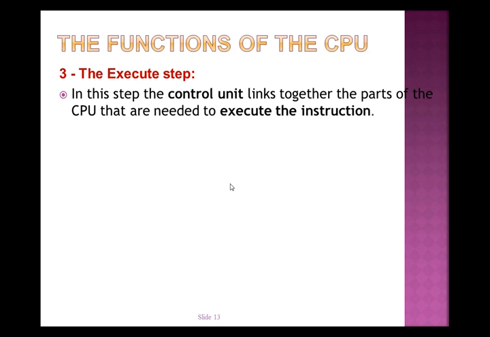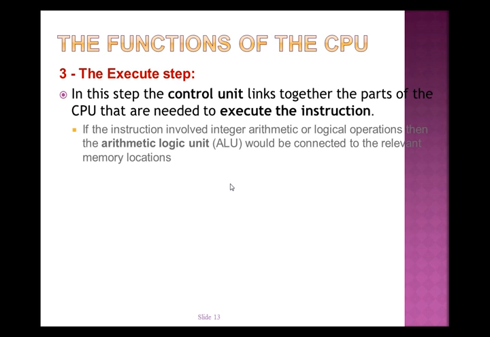In this step, the control unit links together the parts of the CPU that are needed to execute the instruction. So the execute stage means executing the instructions, using the control unit to link the various components of the CPU that are needed. How does the control unit link them?